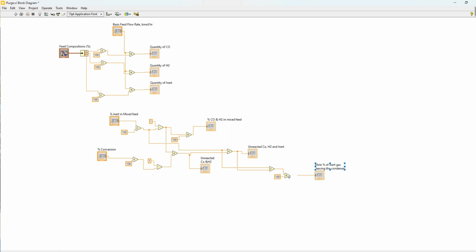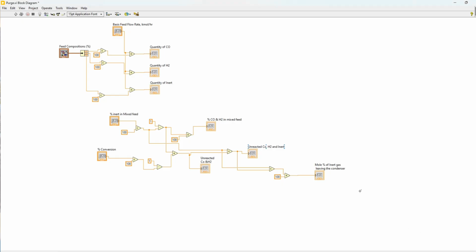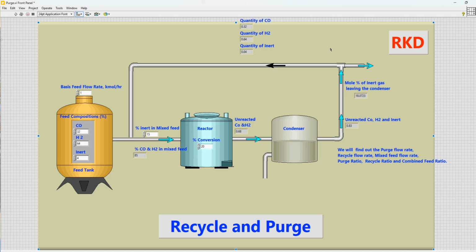So now here we will find out how much parts is here. So for that we'll do the overall material balance from total input and output on inert gas.